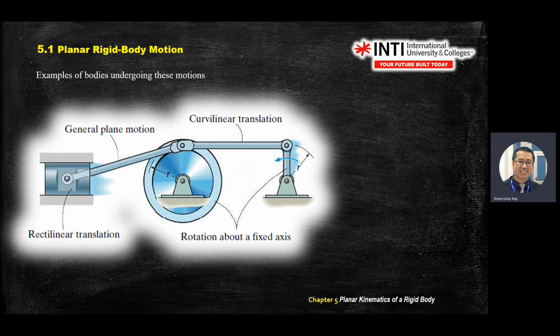In your experiment, you turn the angle, then you measure the L. This is the part of the experiment that you do. When you turn this wheel clockwise or anti-clockwise, this piston will move only left or right. This motion is called rectilinear translation.